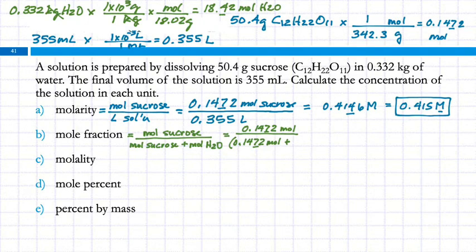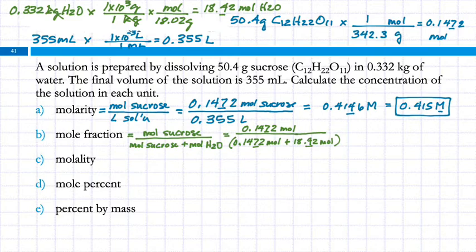Anybody else get that? Okay. So that's moles of water. So I'm going to put that here in the denominator. 18.42 moles of water. So the total moles of the solution is the moles of the water plus the moles of the sugar. So I can do this in one step on my calculator, but I need to be careful.